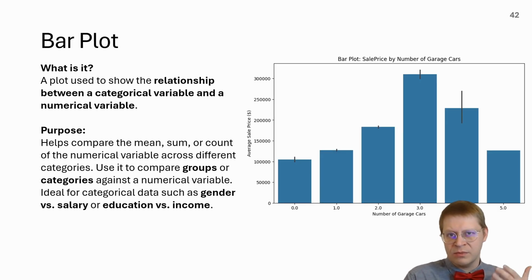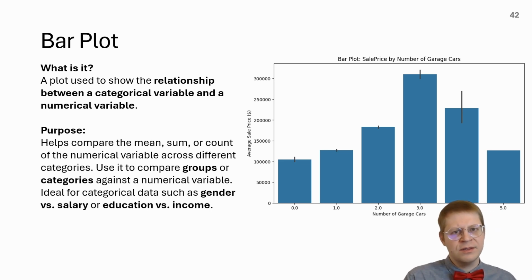What about bar plots? Bar plots are among the simplest yet most effective ways to compare a numerical variable across different categories. Whether you're comparing average incomes across regions or the number of occurrences of different classes in a dataset, bar plots allow you to quickly and clearly see differences between groups.